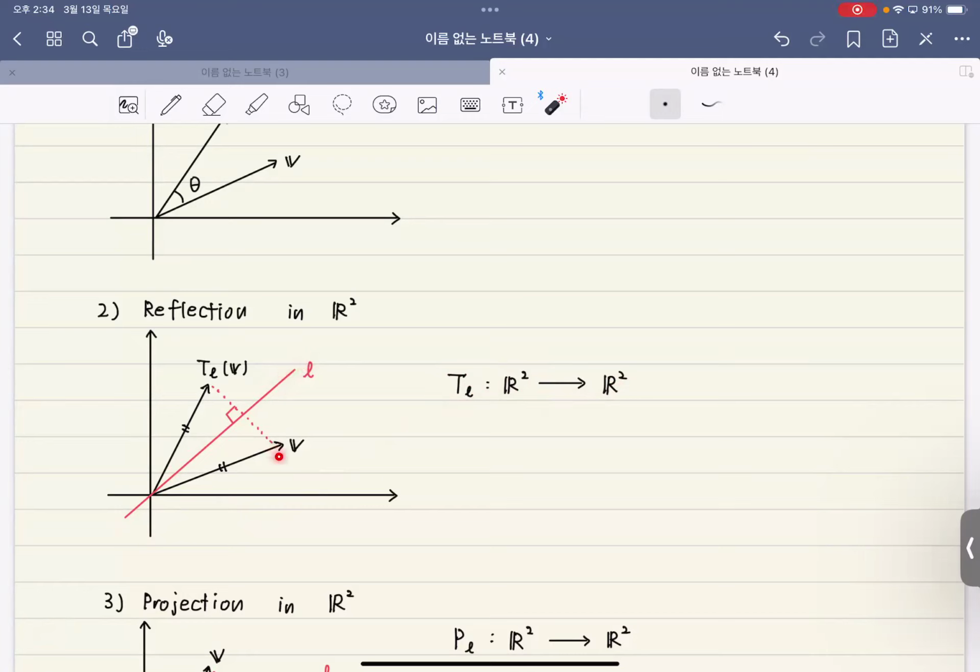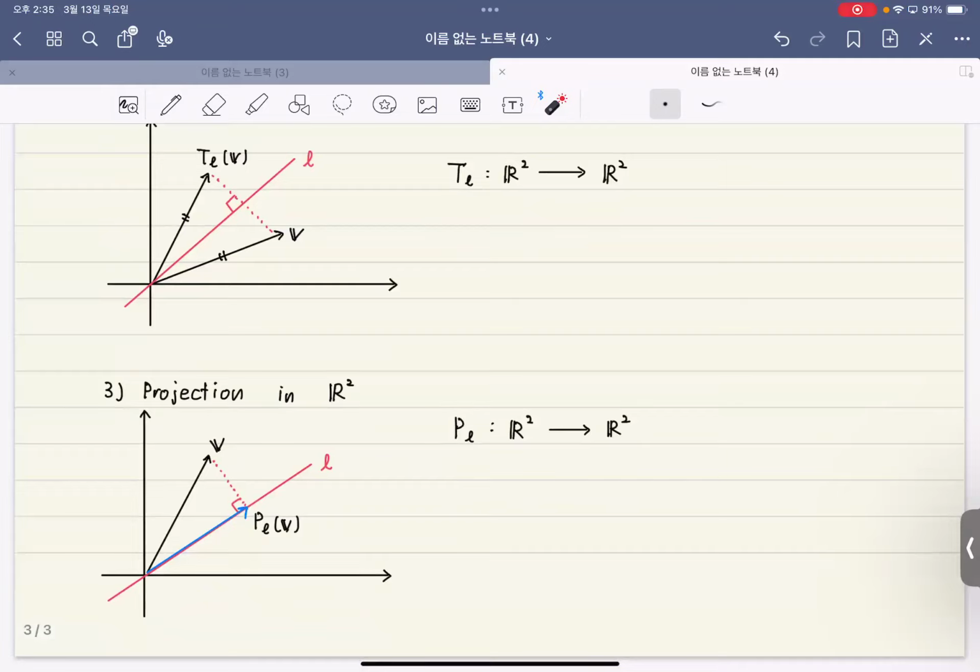And T_L of v means this vector reflected about the axis L. Those two vectors have the same magnitude, but they are reflected across the axis. Is it a linear transformation? Yes, it has to be. T_L of v plus w must be the same as T_L v plus T_L w. And T_L of alpha times v is going to be T_L v times alpha. So they are all the same thing. This is also a linear transformation.